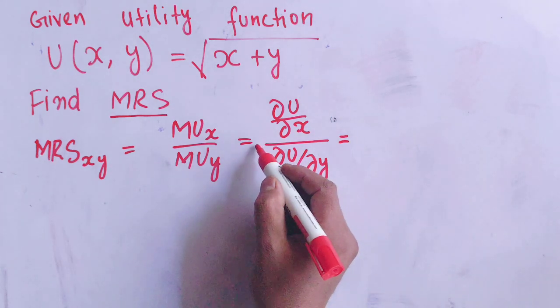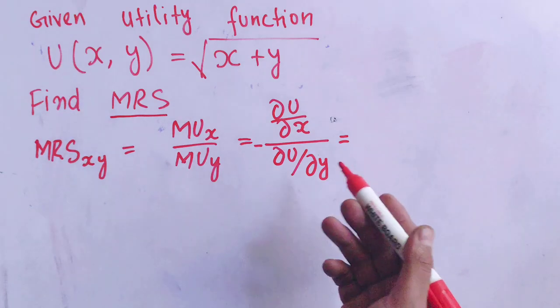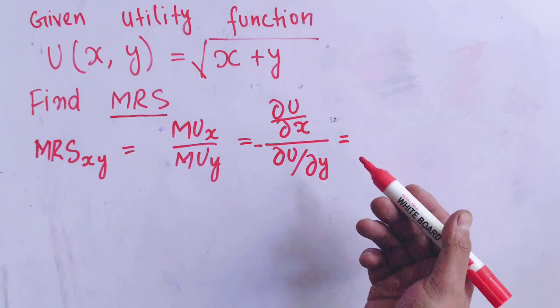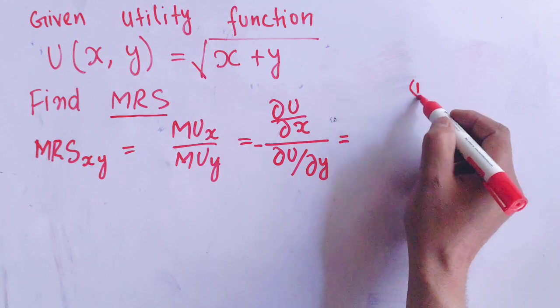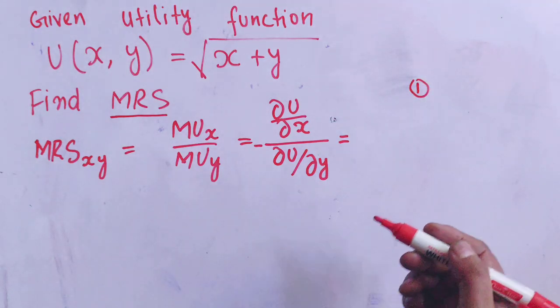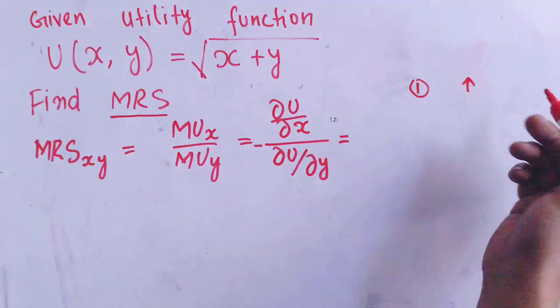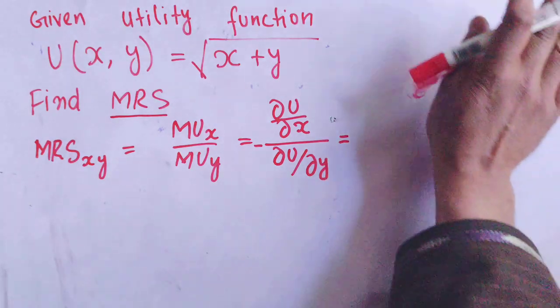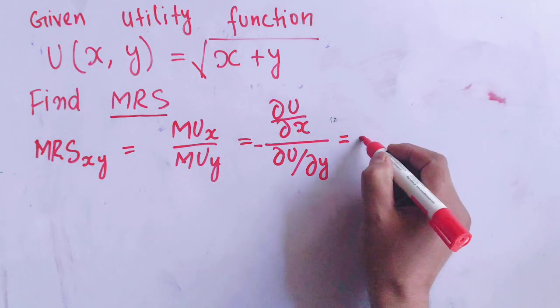Okay, it is actually equal to minus, because this rate of substitution will be negative. If I consume 1 unit of good 1, I have to give up some units of good 2. That is why the relation is negative. So we will get here minus times.